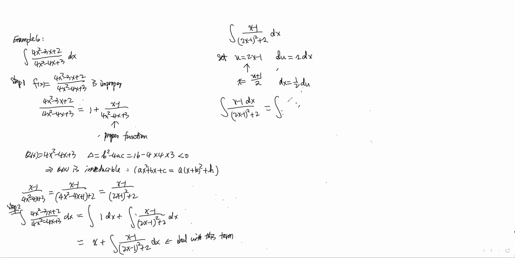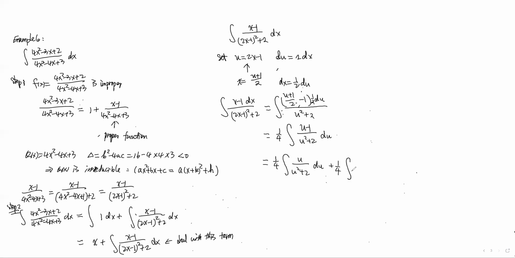Let's plug this in. This is half of (u plus 1 over 2 minus 1) du, since dx is half du, over u squared plus 2. Let's simplify. This is a quarter of (u minus 1) over (u squared plus 2) du.